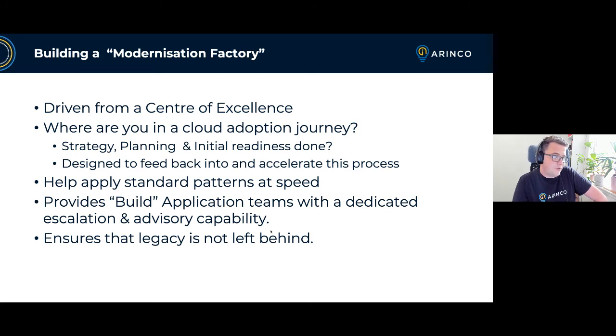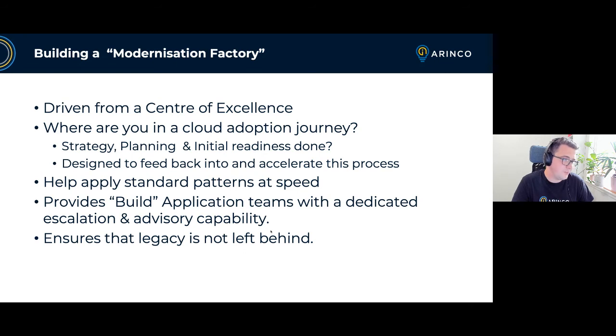And that's really driven from a center of excellence way of thinking around the cloud. So obviously as you adopt the cloud, you start to have teams that become better at it, right? So building a modernization factory, you select 3, 4, 5, whatever it is to the scale of your organization, people who are really responsible for modernizing within Azure and moving up to the cloud.